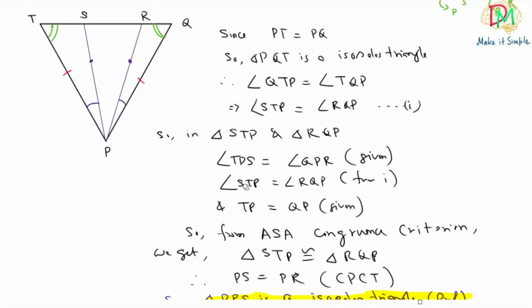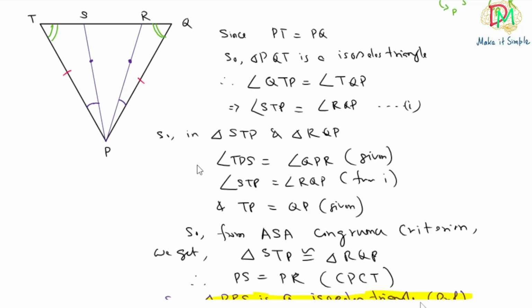So what we have learned here: mostly students face the problem of which rule to apply to solve this kind of question. So the rule is, whatever data are given, you first mark on the figure, then to apply the congruence rules, you find out which value you have to derive.